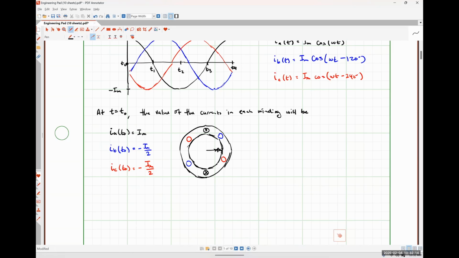Okay. Now for my blue or my B winding, I have a negative current flowing. So in the positive terminal, I'm going to put an X, and in the negative polarity terminal, I'm going to have a dot coming out, because the current is flowing in the opposite direction as what I had before. And so if I use my right-hand rule for this guy, I'm going to find that I should have a B field.